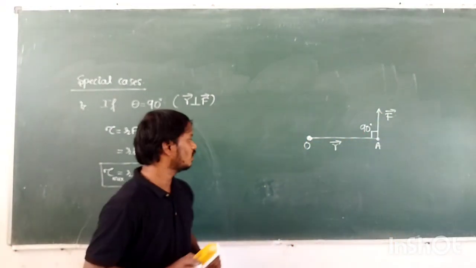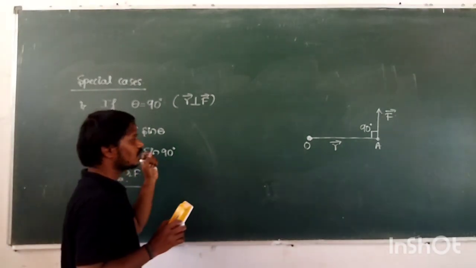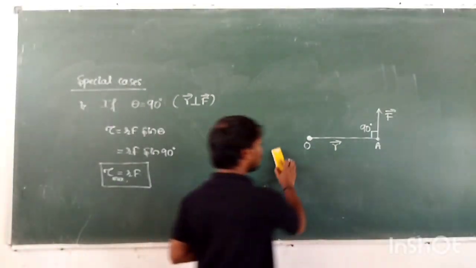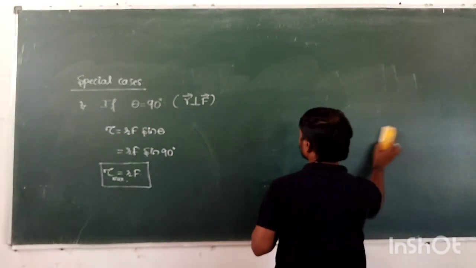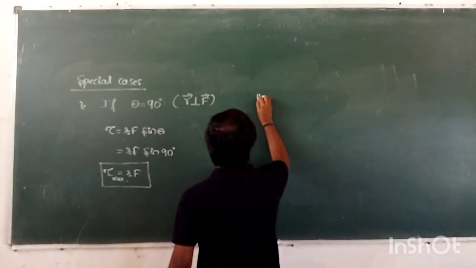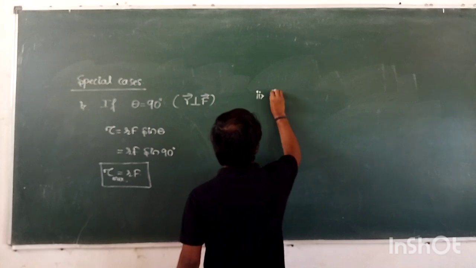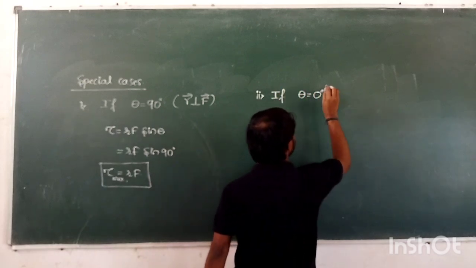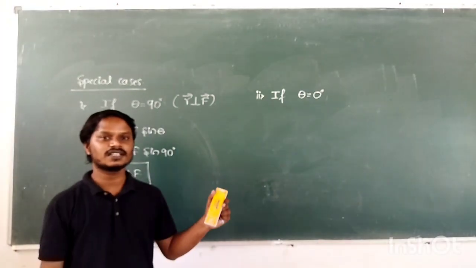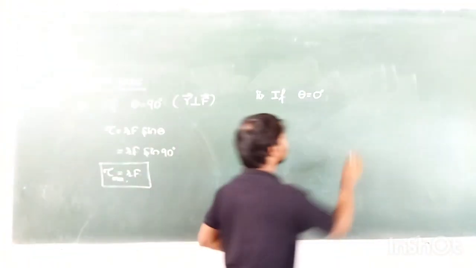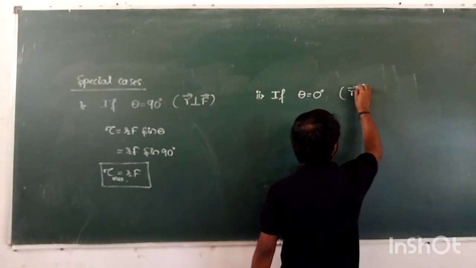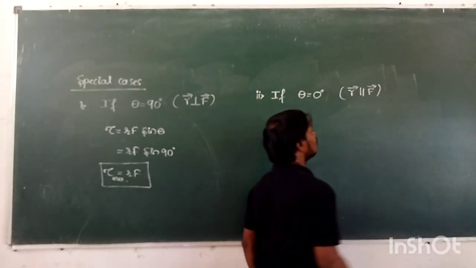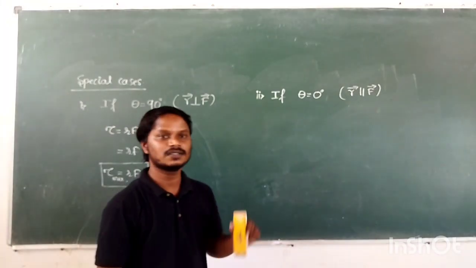Okay. Next, when is the torque acting on the rigid body minimum? Second case. If theta is equal to 0 degree, which means the angle between the position vector and force vector is 0 degree. Hence, the position vector is parallel to the force vector. If two vectors are parallel to each other, the angle between them is 0.